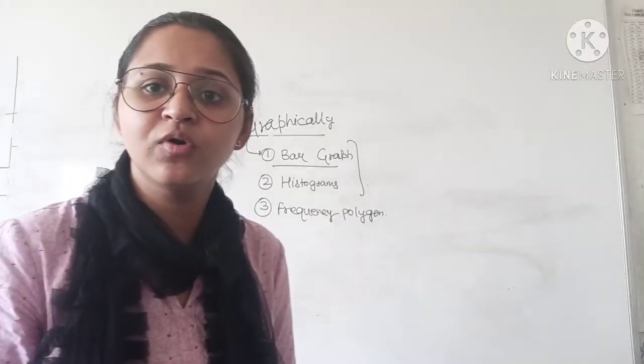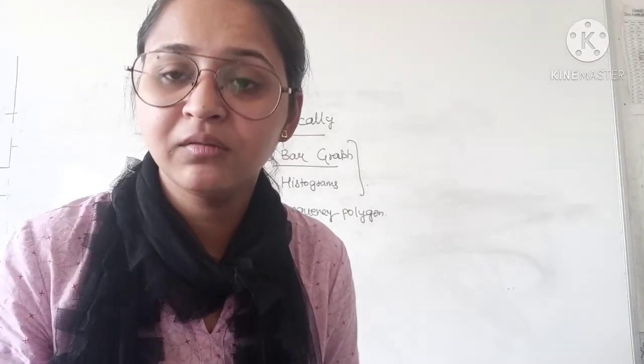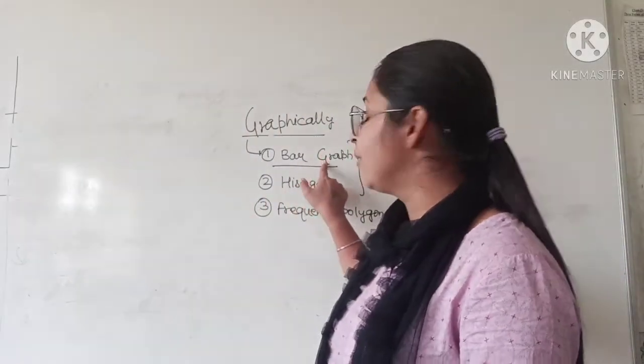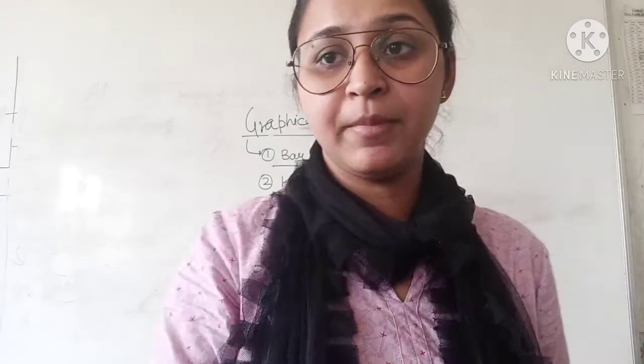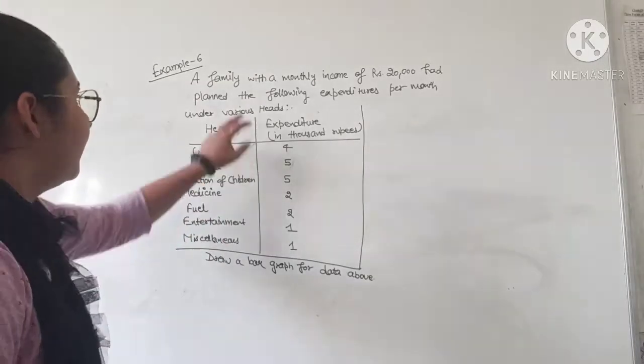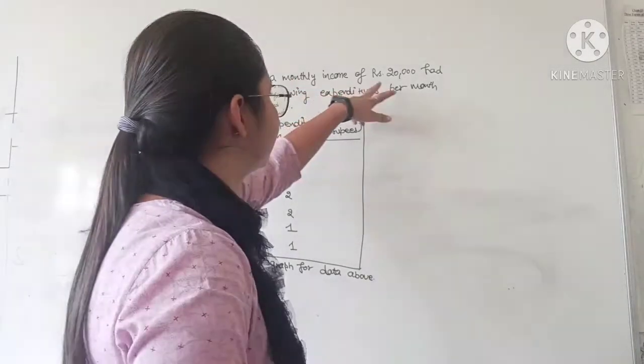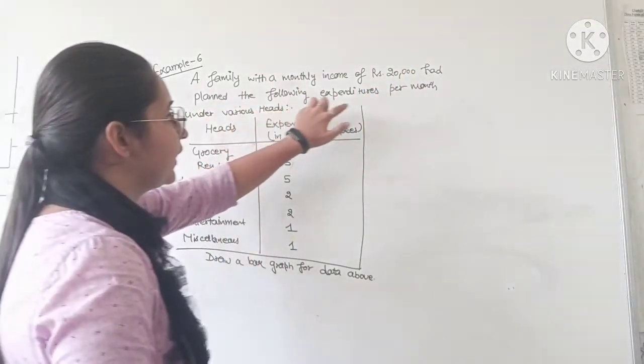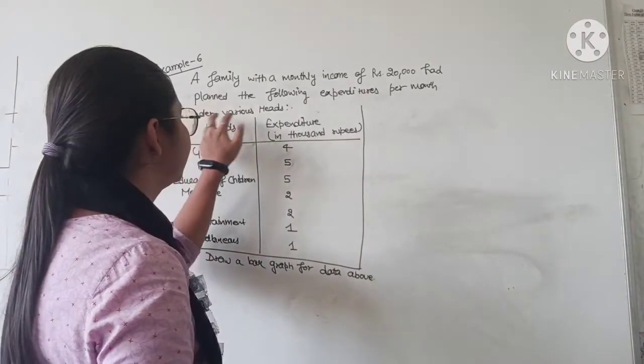So first of all, we will study how to represent our data with the help of a bar graph by one example. The example is: a family with a monthly income of ₹20,000 had planned the following expenditures per month under various heads.